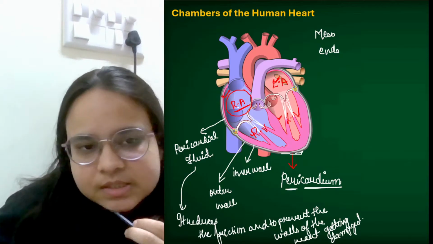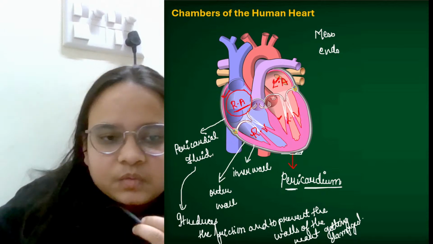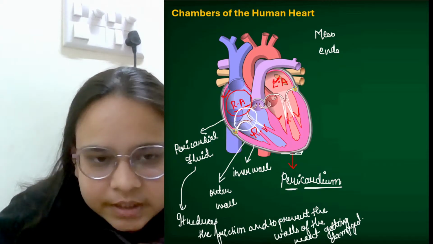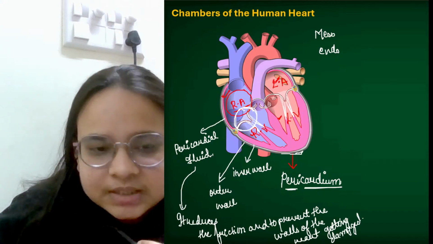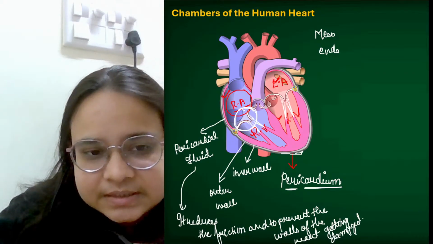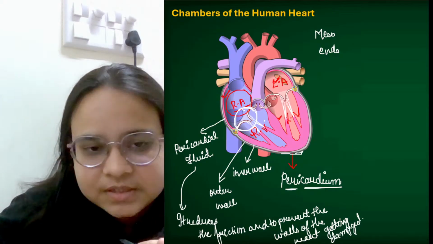Between the right atria and right ventricle, there is a valve which we call the tricuspid valve. This is not the tricuspid. Many of us get confused that these extensions are valves, but these are not valves.